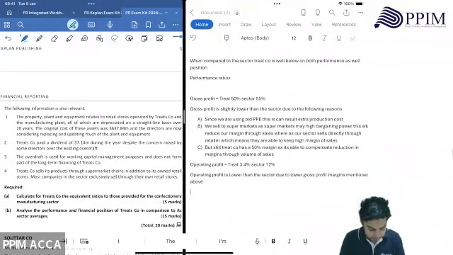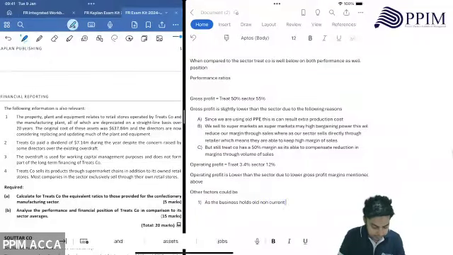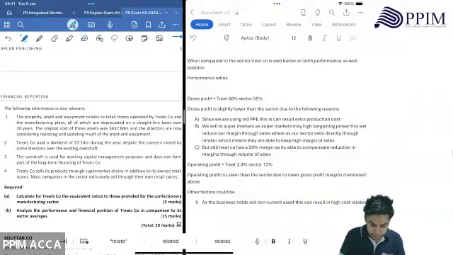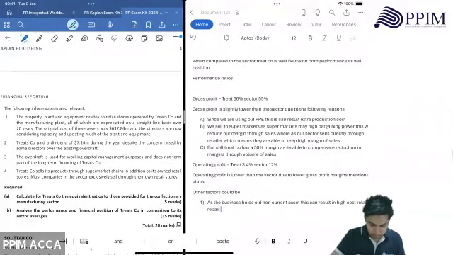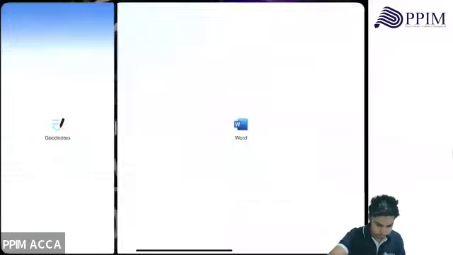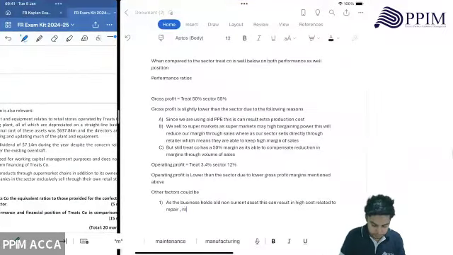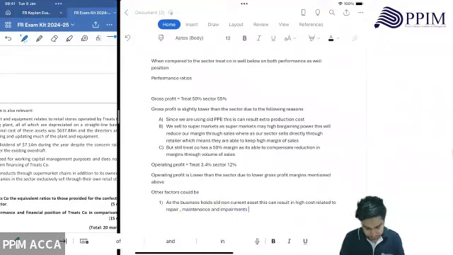Number one. Other factors could be: A, as the business holds old non-current assets, this can result in high cost related to repair, maintenance, and impairments.